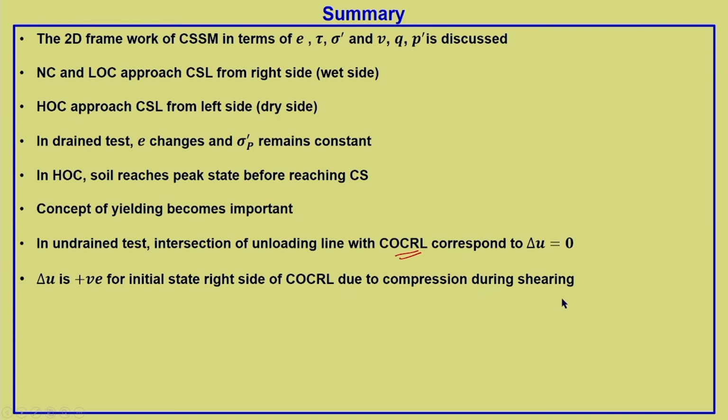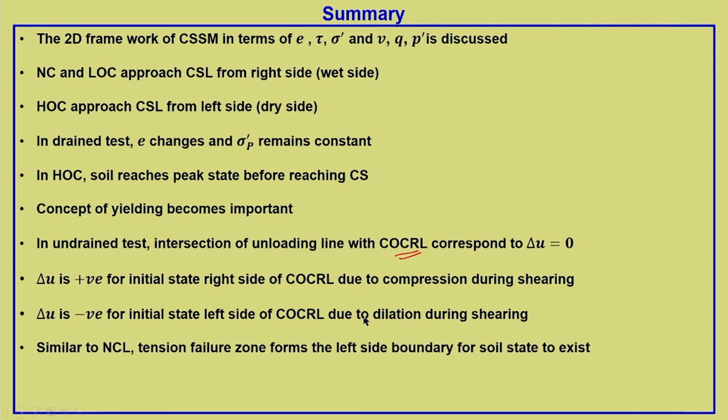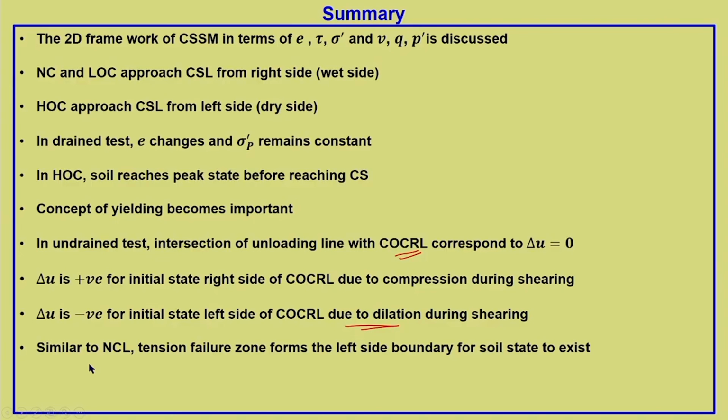We have discussed this. Whatever is towards the right of COCRL will have positive U during shearing. The same is negative when it is towards the left of COCRL due to the tendency to dilate. Please do not read this as due to dilation, because dilation represents drained behavior. So, whichever soil has the tendency to dilate will have negative water pressure.